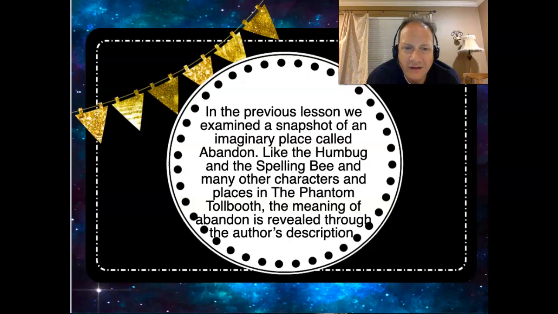Okay? In the previous lesson, lesson number 9, we examined a snapshot of an imaginary place called Abandon. Like the humbug and spelling bee, many other characters and places in The Phantom Tollbooth, the meaning of Abandon is revealed throughout the author's description.